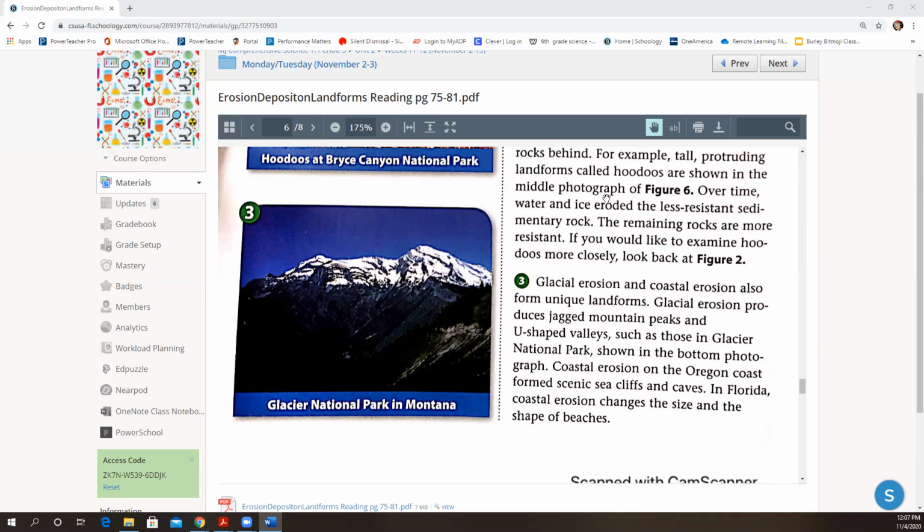Glacial erosion and coastal erosion also form unique landforms. Glacial erosion produces jagged mountain peaks and U-shaped valleys, such as those in Glacier National Park.